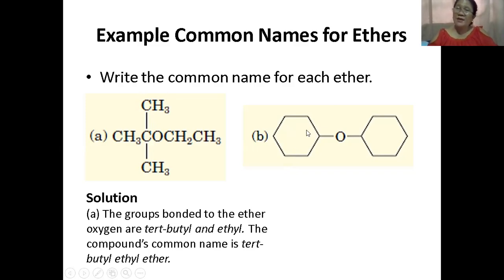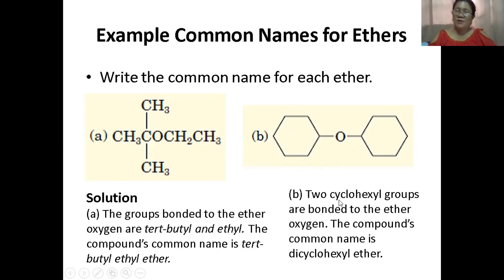Kani, it's easy because this is what? You can have here, this is di ba? This is cyclohexane. Na? So you can have dicyclohexane ether. Okay. You have two cyclohexyl groups. So dicyclohexyl ether. Okay. Dili, dicyclohexane ha, dili.